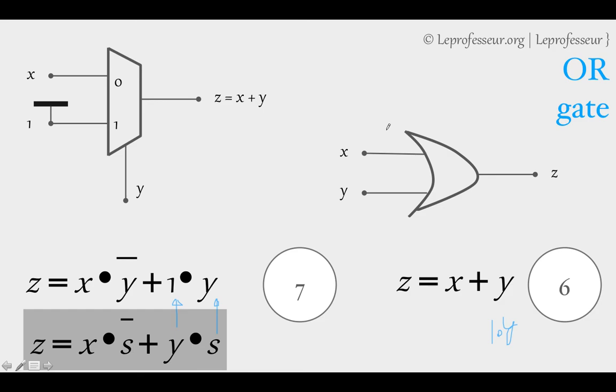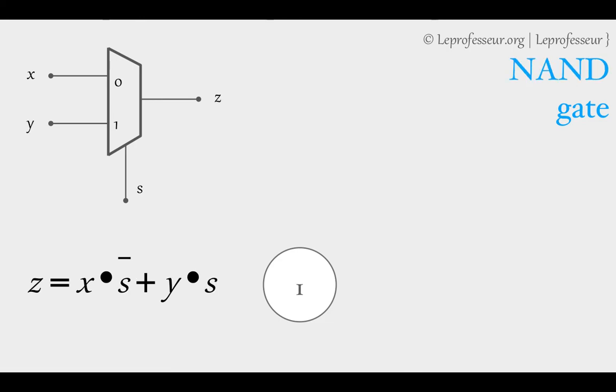Now we have learned about the inverter, that is the NOT gate, the AND gate, and the OR gate. These are the 3 basic gates. Making use of these 3 basic gate functions, we can create more complex gates. Take the NAND gate. You might be familiar with its basic function, but nevertheless, let's talk about it. It's a combination of an AND gate and an inverter.